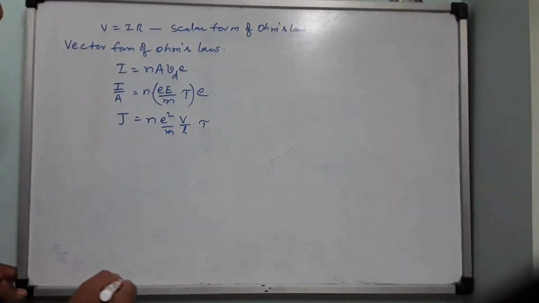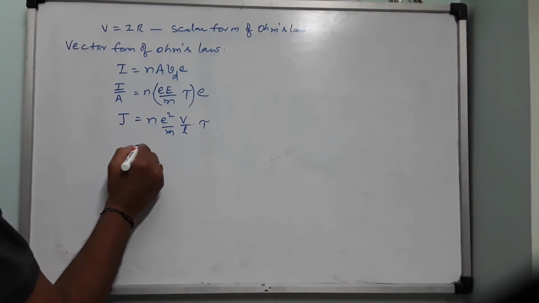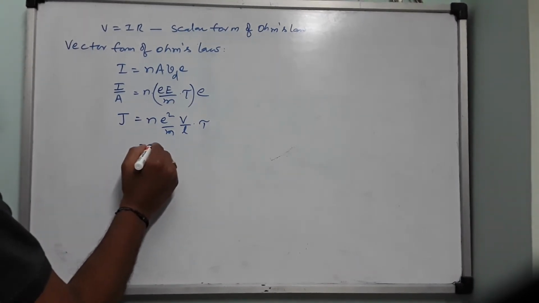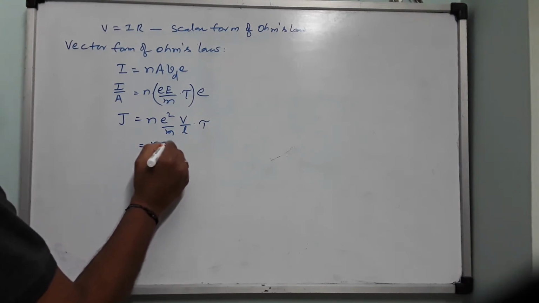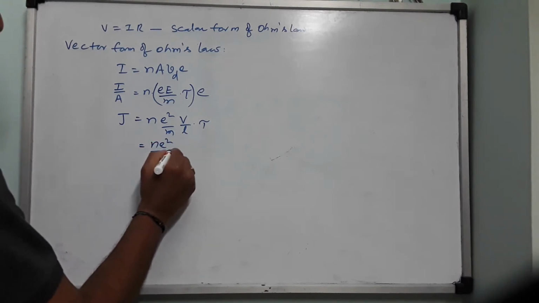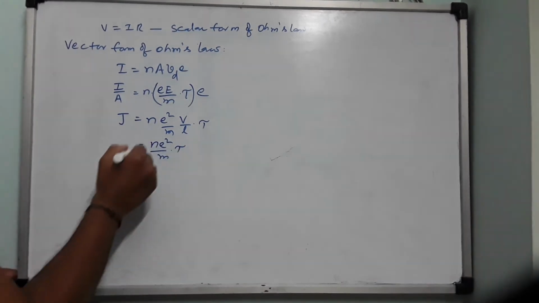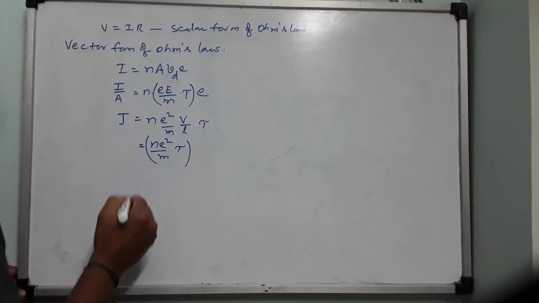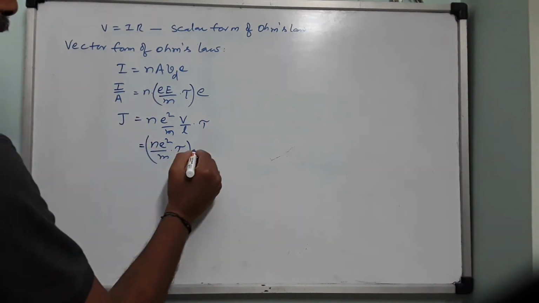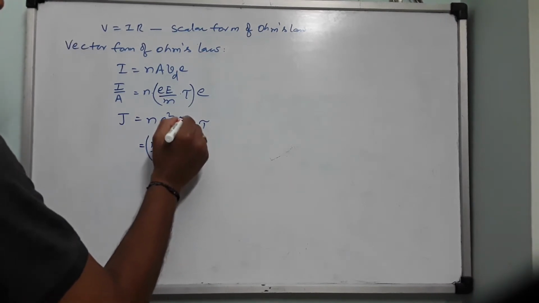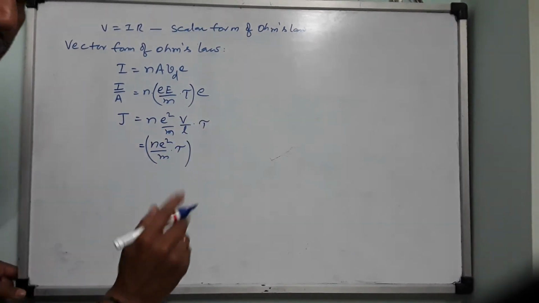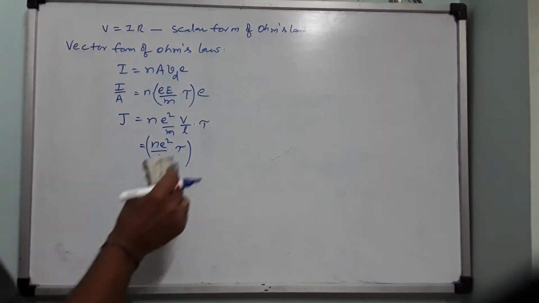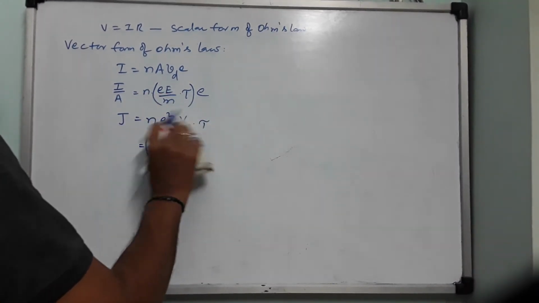Okay? Right. Now, in this N e square by m into tau, these are the constants, and A has gone that side. Now we are left with only V by L. V by L not necessarily to be written for electric field.